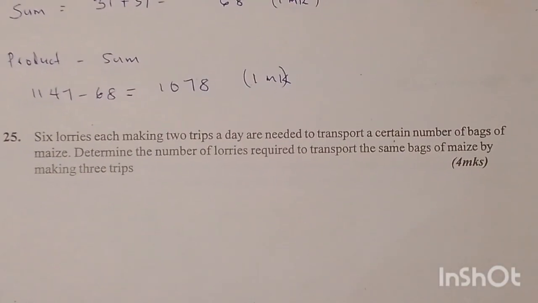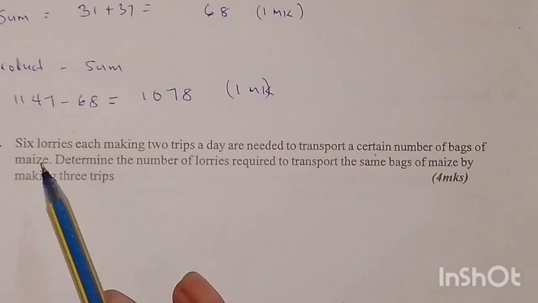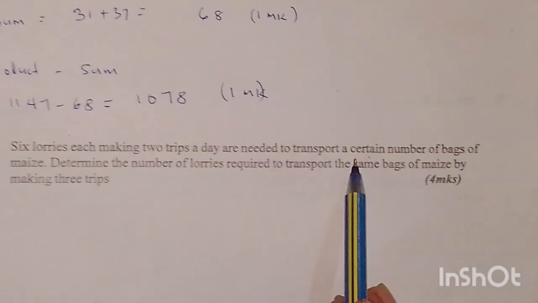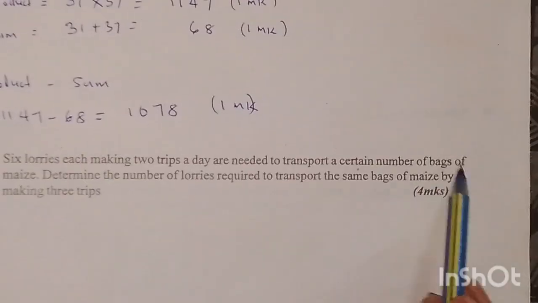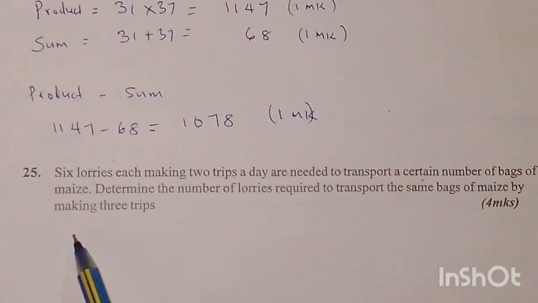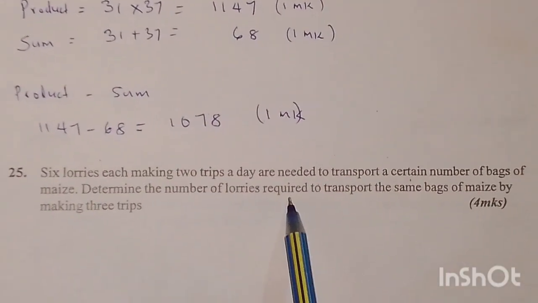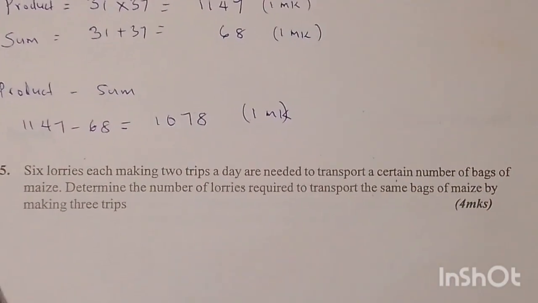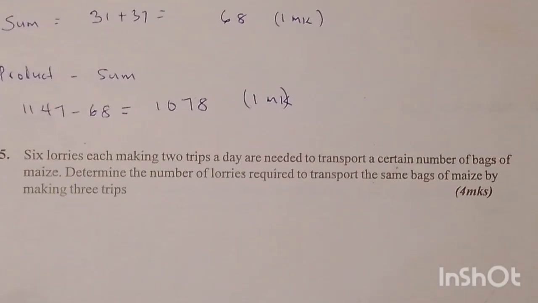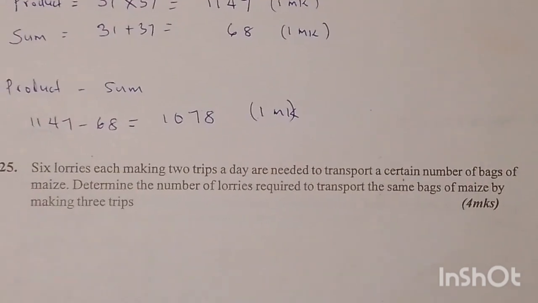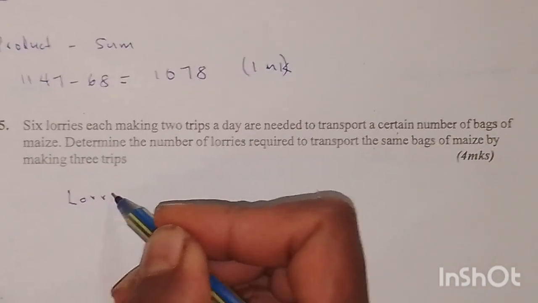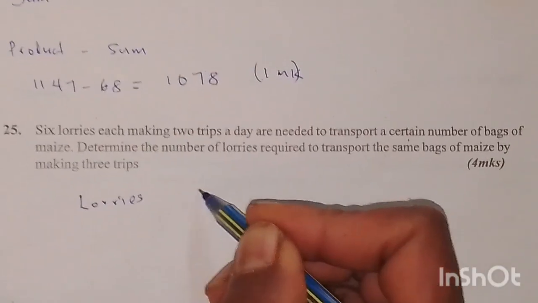Question number 25. 6 lorries, each making 2 trips a day, are needed to transport a certain number of bags of maize. Determine the number of lorries required to transport the same bags of maize by making 3 trips. Now, this is ratio: the number of lorries and the number of trips.